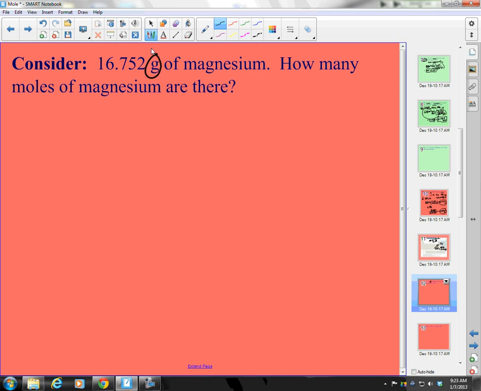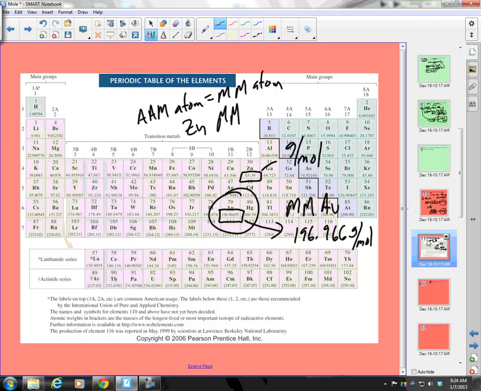Well, I'm going from grams to moles. So I need an equality between grams and moles. We know that's my molar mass, right? I look on my periodic table. Where's magnesium? Here's magnesium. It's 24.305.